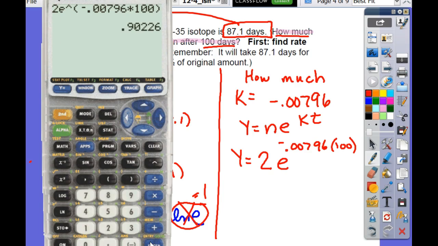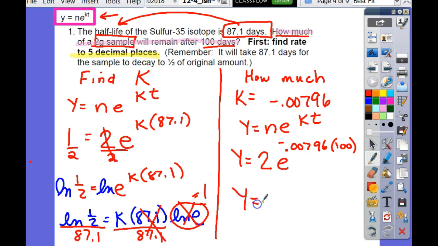So the final answer, it's okay to round the final answer off to 2 decimal places, but you cannot round the K off to 2 decimal places. That has a little too much rounding error. So this is 0.90 grams because the sample was in grams to start with.